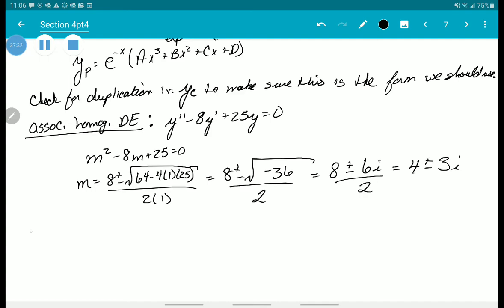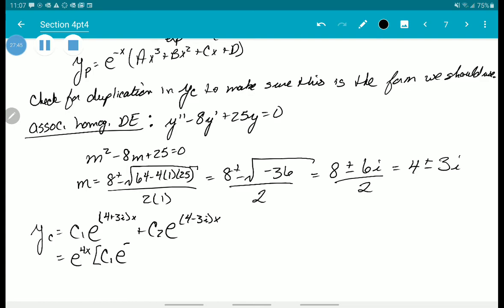So the complementary solution is going to be c1 e to the (4 plus 3i)x plus c2 e to the (4 minus 3i)x. And using Euler's formula, we could factor out an e to the 4x, leaving us with c1 e to the 3ix plus c2 e to the negative 3ix.